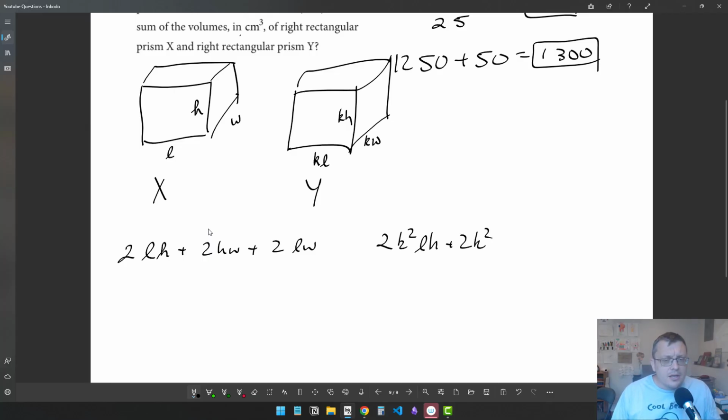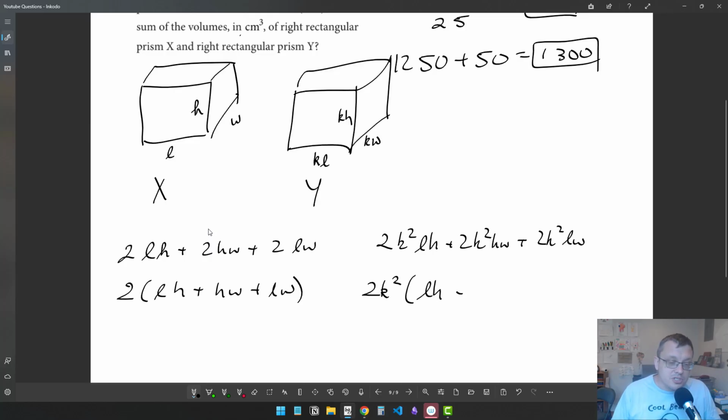Now, what can I do? Well, I can factor a 2 out of these, so it's really 2 times (LH plus HW plus LW). Here I can factor a 2K squared out of these: 2K squared times (LH plus HW plus LW). And notice what has emerged.